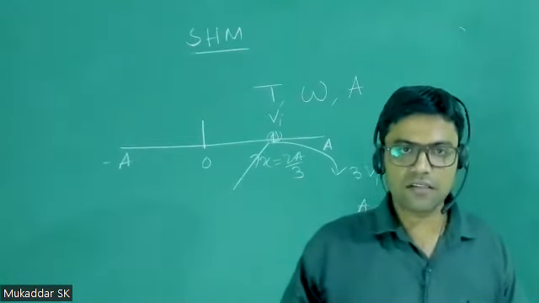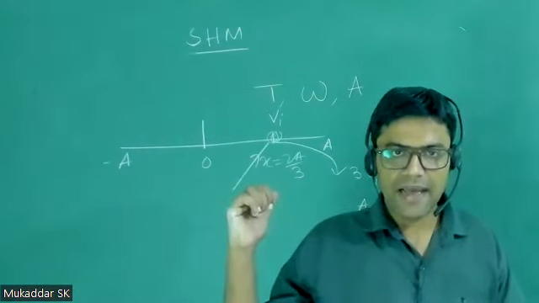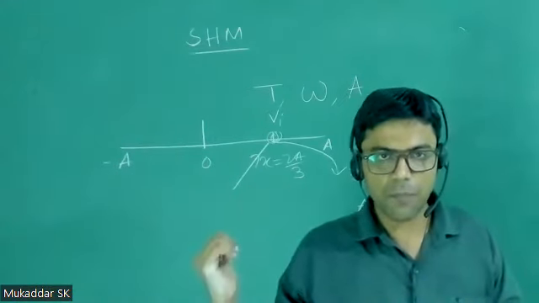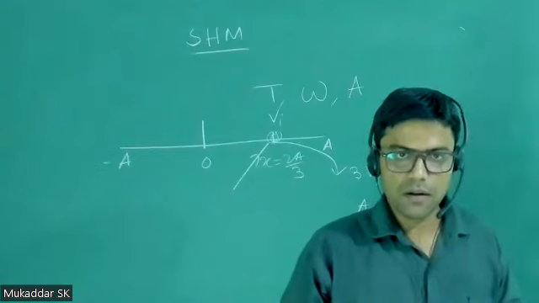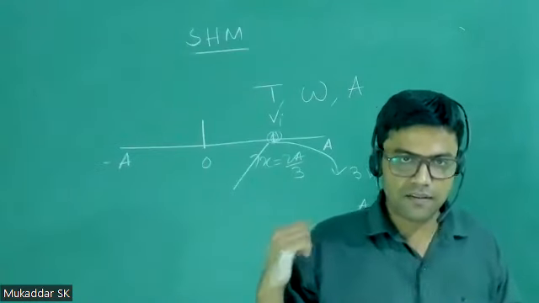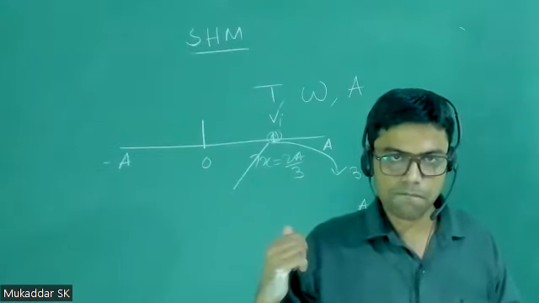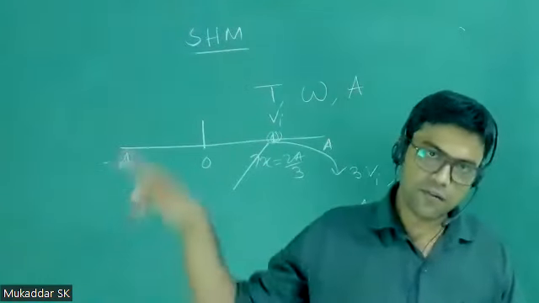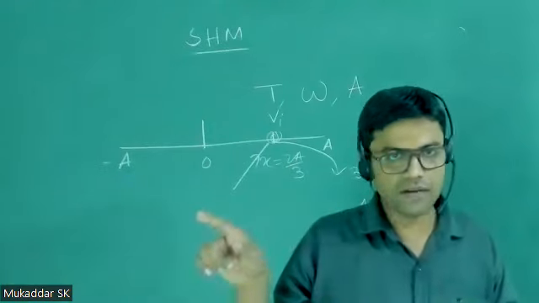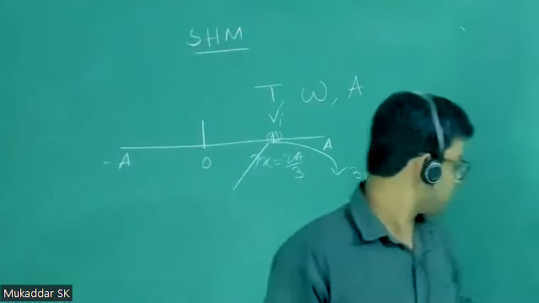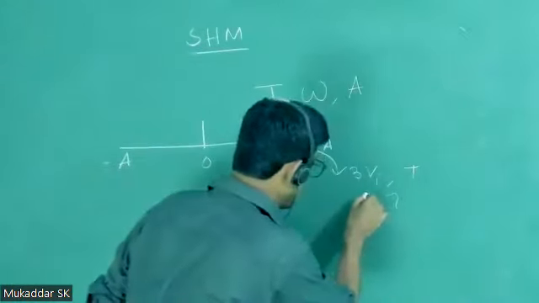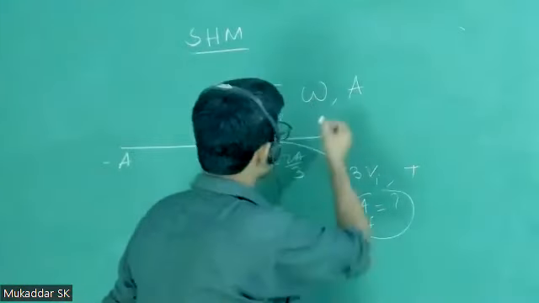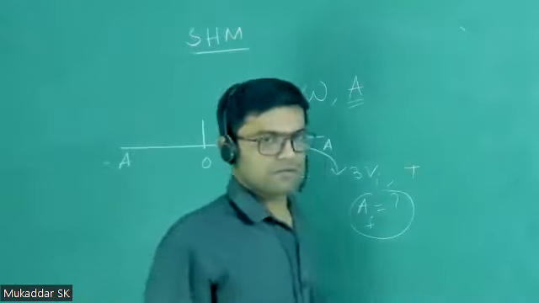Now there is a sudden thrust on the body, and that makes the velocity of the particle at the same position 3 times the initial velocity. Even after applying this thrust, the particle is executing simple harmonic motion without changing time period. But you have to tell the new amplitude of oscillation in terms of the previous amplitude.